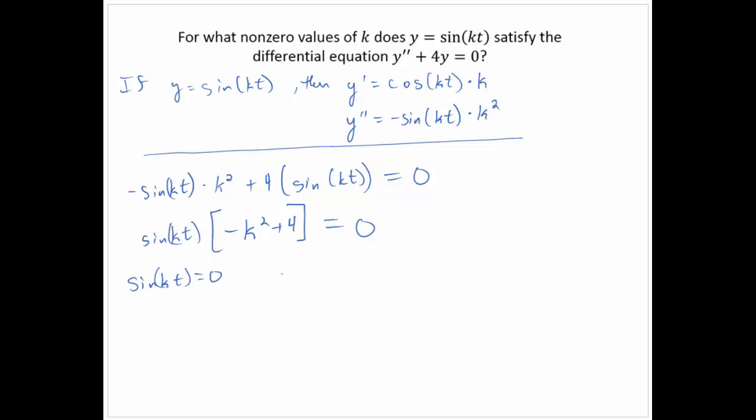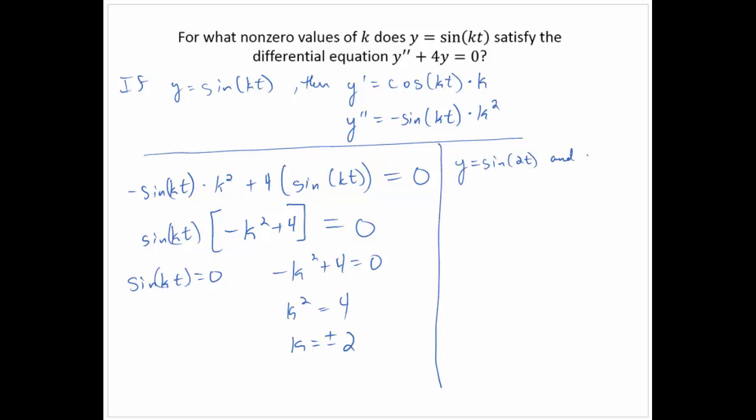Or negative k squared plus 4 is equal to 0, which implies that k squared is 4, which implies that k is positive or negative 2. So therefore, y equals sine 2t and y equals sine negative 2t are solutions.